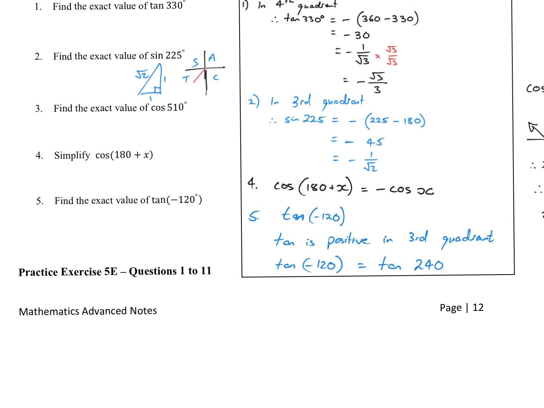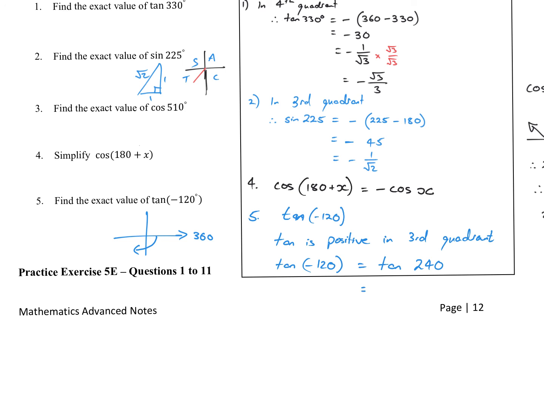What am I doing to myself? Oh, because it's negative 120. So we're going from 360 degrees, we're going backwards. So if we go back 120 degrees, we're in the third quadrant. So it's 240, and that's where our tan 240 comes from.